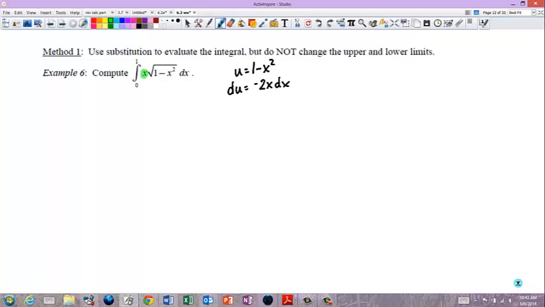Well, I've got x dx here. I just changed my color. I've been using pink for this the whole time. Oh well. So I need to divide by negative 2. So I have negative 1/2 du equals x dx. So this is going to be negative 1/2 the integral. Now the 0 to 1, I'm just going to hold and just note that x is 0 and x is 1.